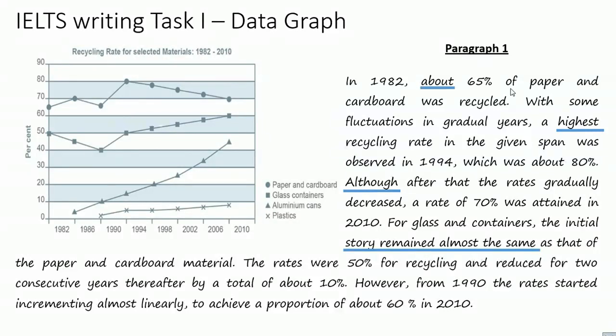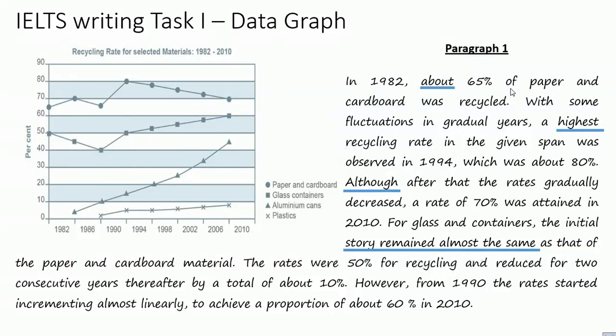For glass and containers, the initial story remained almost the same as that of the paper and cardboard material. So I have used the phrase story remained almost the same. I use this because it saved a lot of words for me.